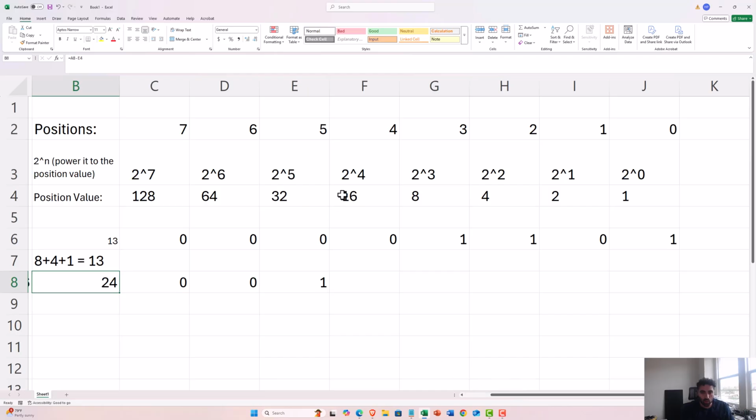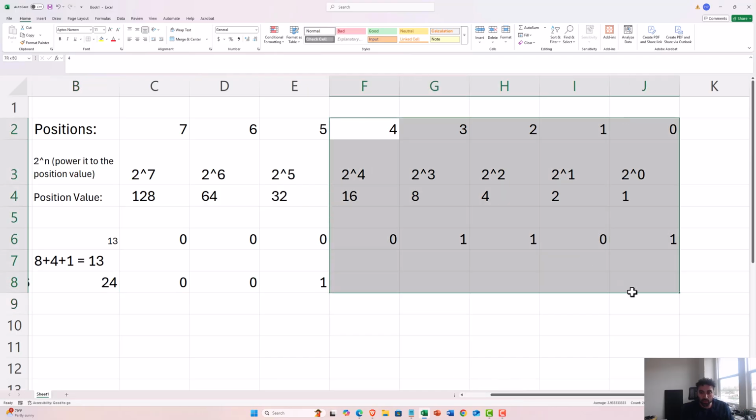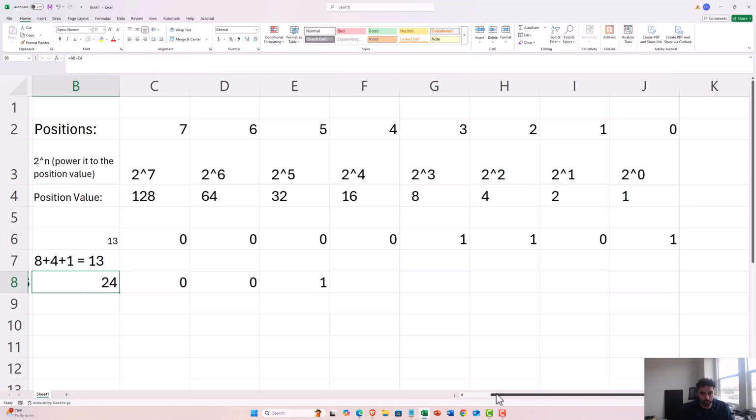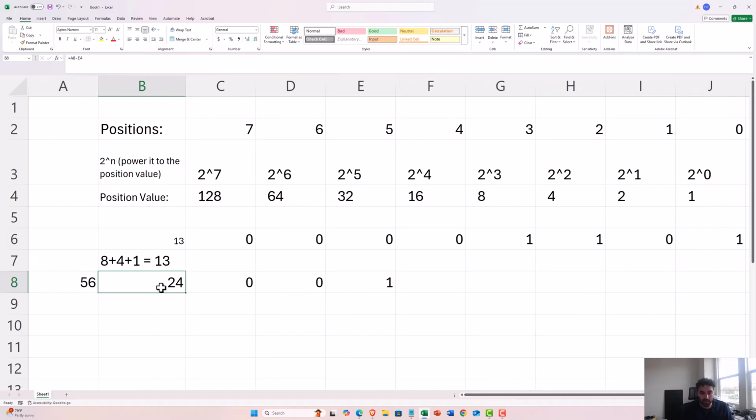So now from the last 5 positions, starting from position 4, we have to total the number of 24 with these 5 numbers. Okay. So what we can do here is now, let's say we put a position value of 1 here. So what we can do is subtract 16 from it. So now we have 8, right?